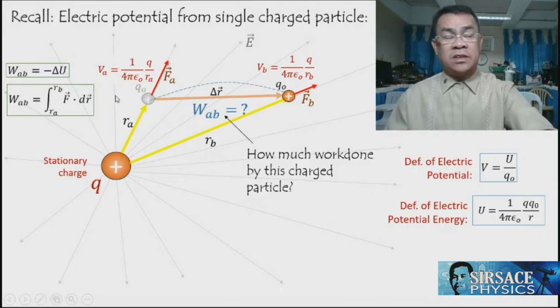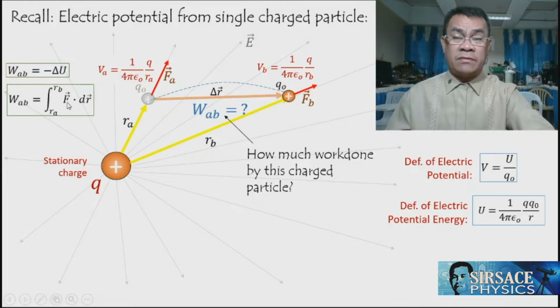Then another formula is the general formula for the work done. This can be applied to any kind of force, because this F is any force. It can be gravitational force, electric force, or any external or conservative forces. You can just take the dot product of the force and the infinitesimal displacement, because the force might change. For a varying force, like a spring or other potential forces, you always use the infinitesimal value so that we can apply the integration process.